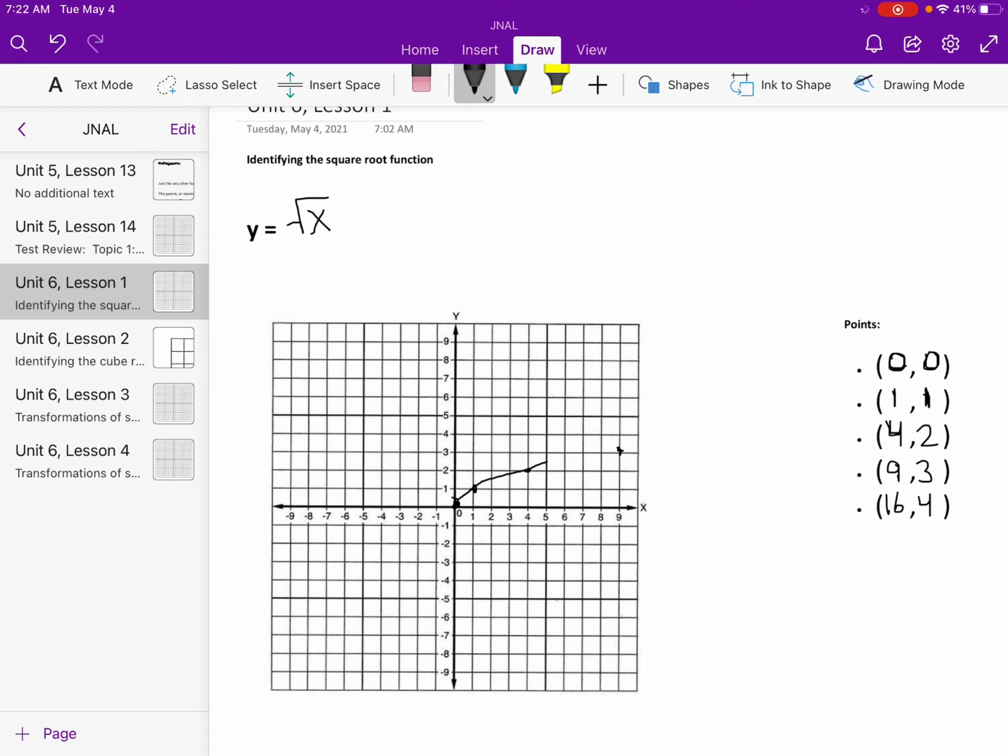So let's connect them, and that's what it looks like. Basically it will just be in this quadrant and it will look like that.